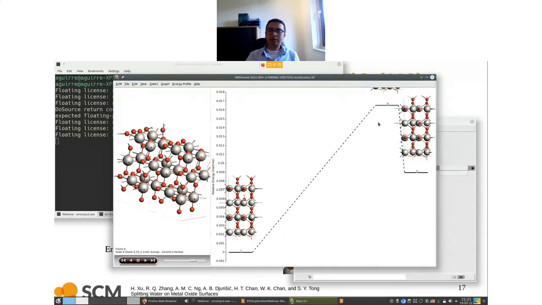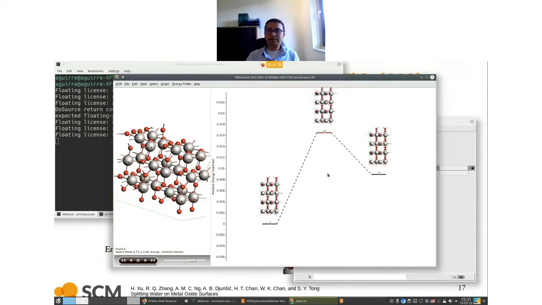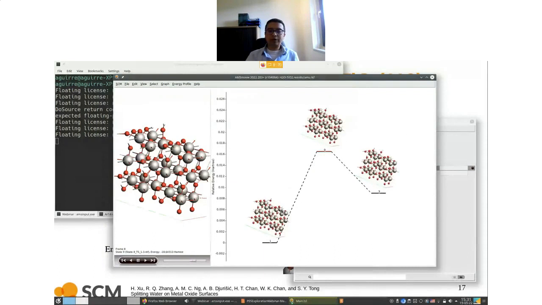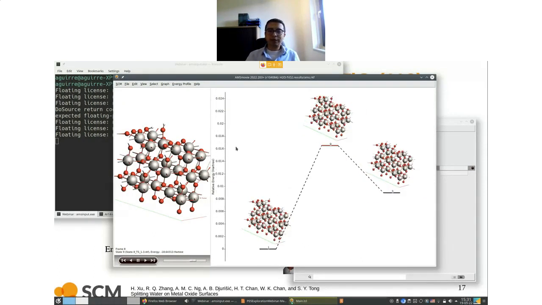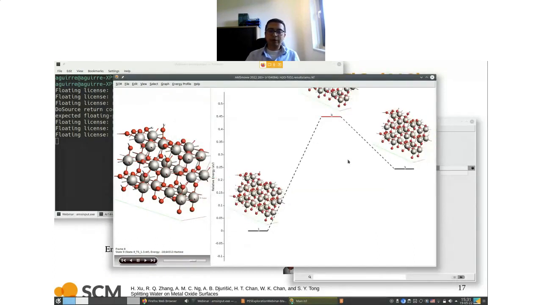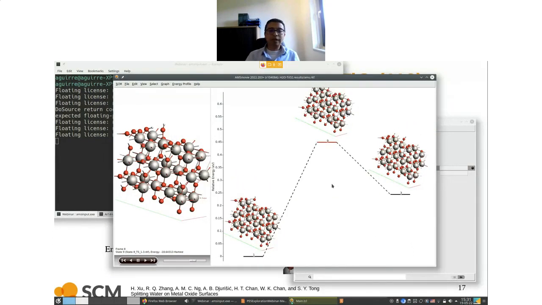And finally, we can have our diagram. And if you want to see something nicer, you can reorient the molecules in the way that you like. And here, if we change this to electron volts, we recognize that using ReactFF, we need 0.45 electron volts to split water on top of this titanium dioxide.